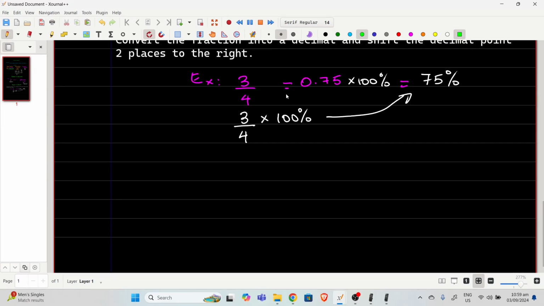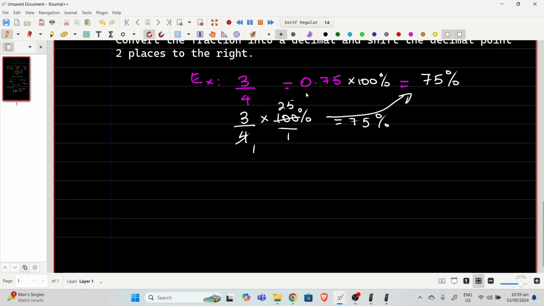So you either take the fraction and multiply it by 100 with the percent sign, and when you do this multiplication, like any other fraction, you would say, okay, 4 into 100 is 25, then 3 times 25 is 75, and then I put this percentage symbol here, 75%. Or I can convert it to a decimal and then multiply that decimal by the same 100%, or just shift the decimal point 2 places to the right, and I will be able to get this.